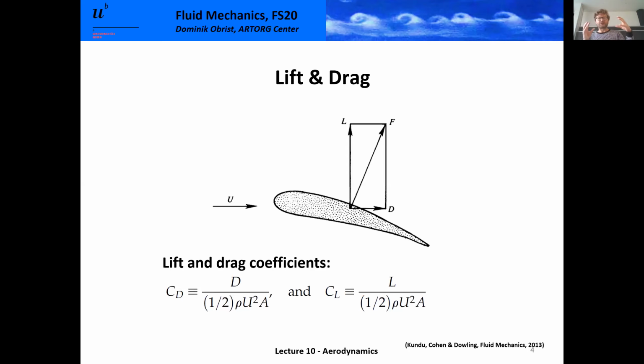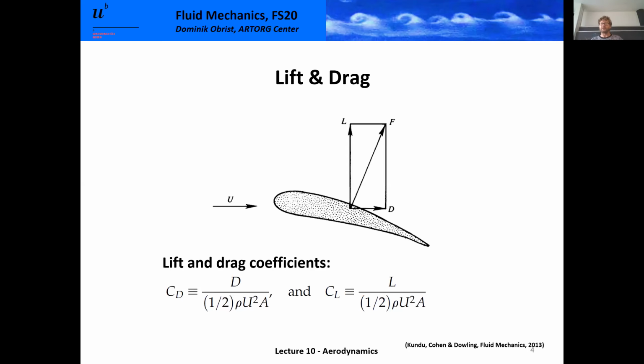So if we have a certain shape of an object, like the geometry of this airfoil, no matter how large it is, no matter what the oncoming flow velocity is, no matter what the density or the viscosity of the fluid is, there is a drag coefficient which is uniquely only a function of the Reynolds number. So if we know that drag coefficient, we can compute the drag for that particular situation.